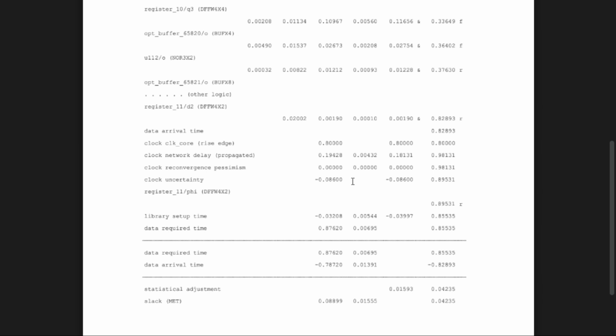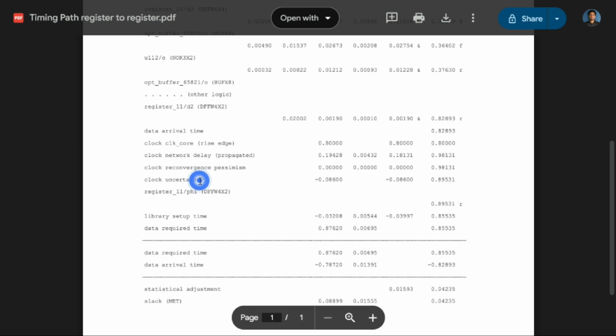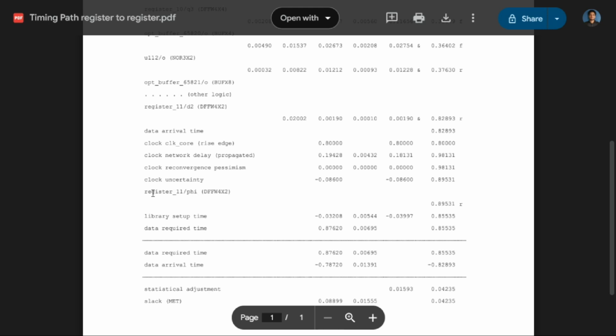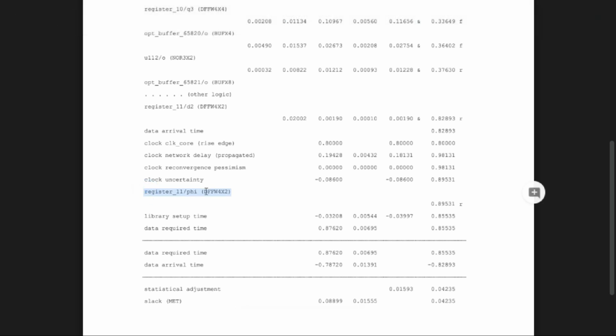So that's why we add additional pessimism to our clock, so that we will not end up in any problematic situations, right? Then it is also showing the endpoint pin, which is register 5. So starting from this clock definition point to the clock pin of the endpoint register, this entire path is basically the capture clock path.